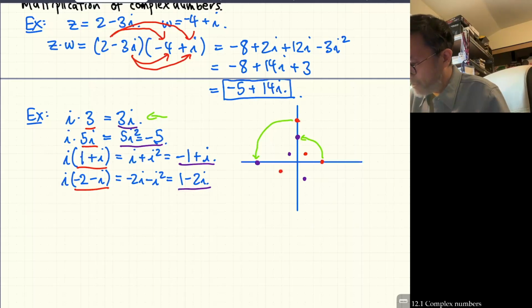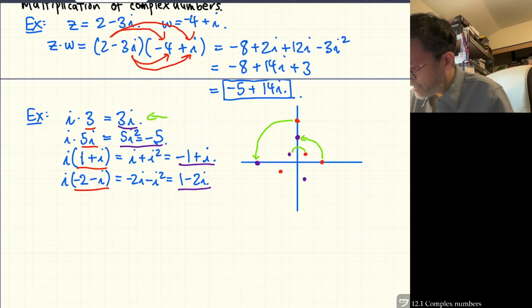When we had 1 plus i right here, we multiply that by i, and we go to negative 1 plus i, so it feels like we're going like this. And finally, when we had negative 2 minus i and we multiply by i, we go around like this.